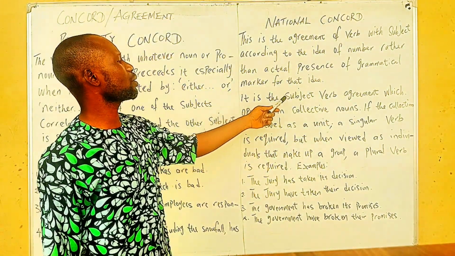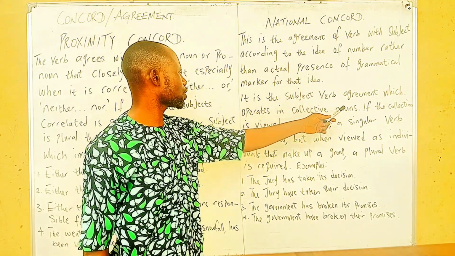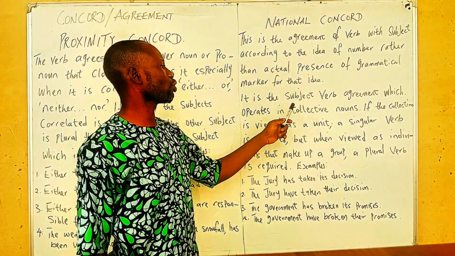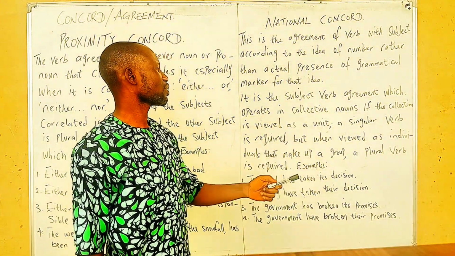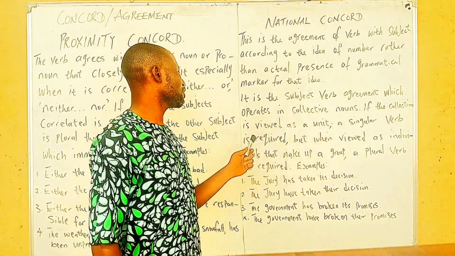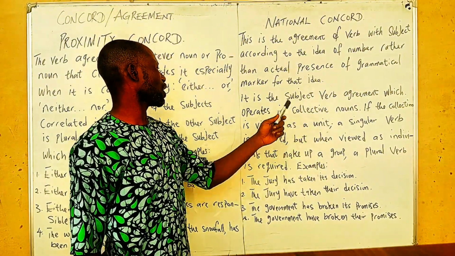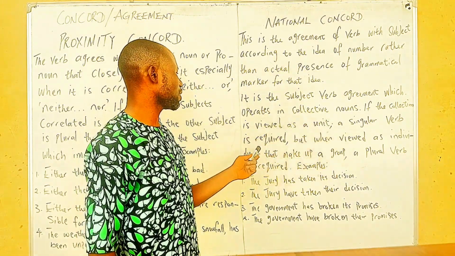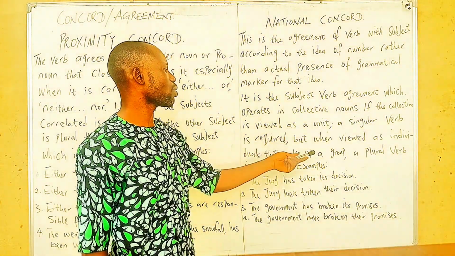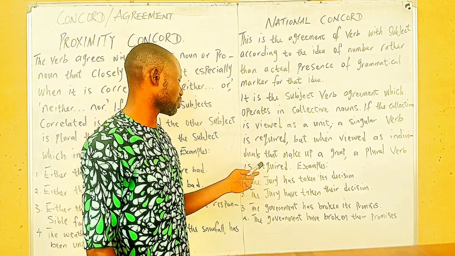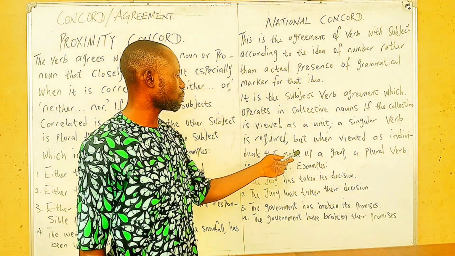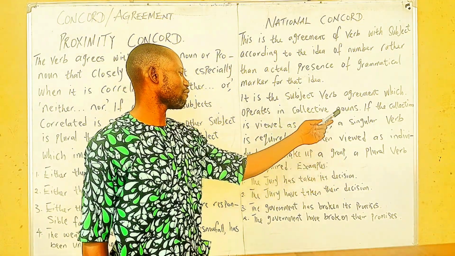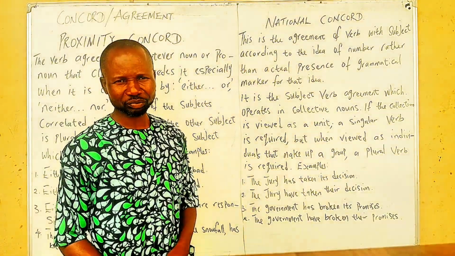It is the subject-verb agreement which operates in collective nouns. If the collection is viewed as a unit, a singular verb is required. But when viewed as individuals that make up a group, a plural verb is required.